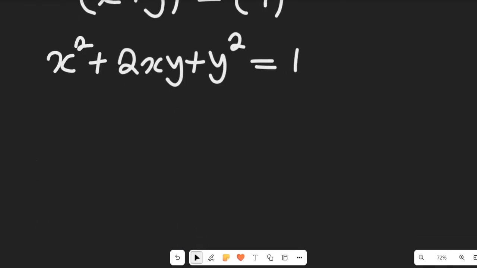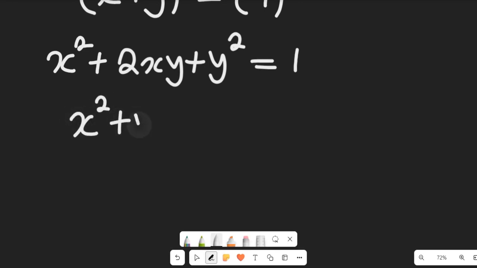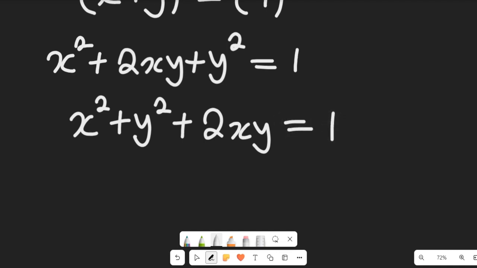So x squared plus y squared plus 2xy will be equal to 1.